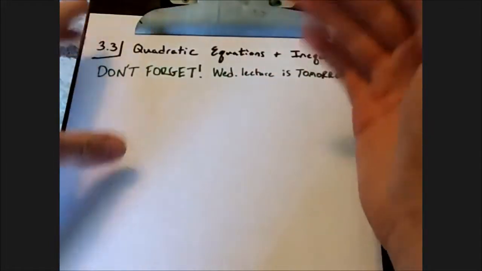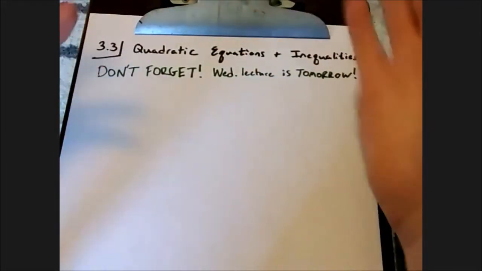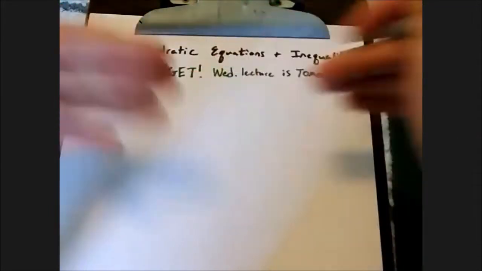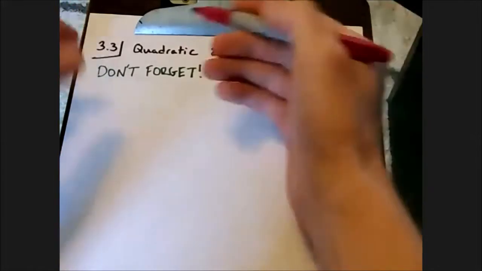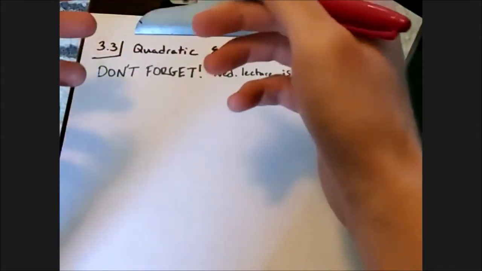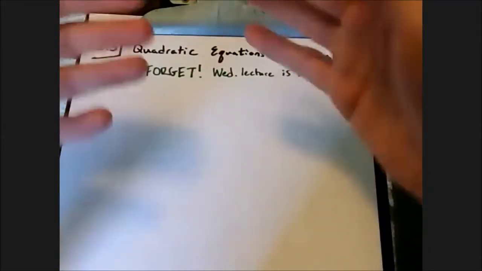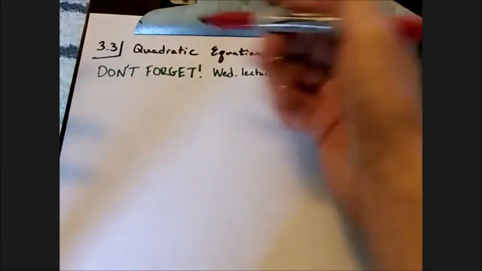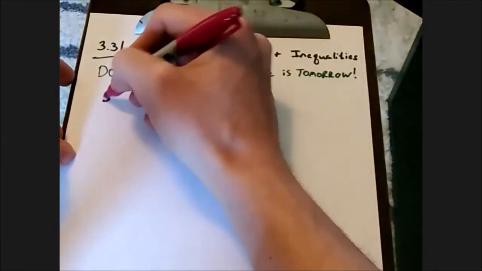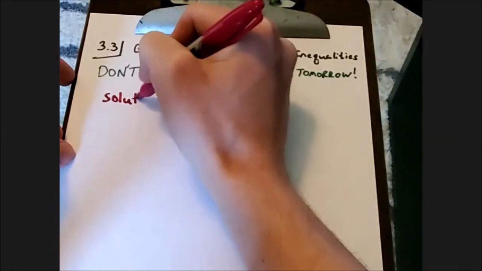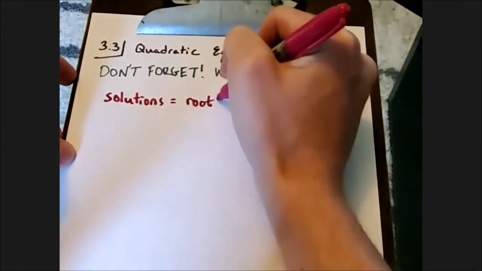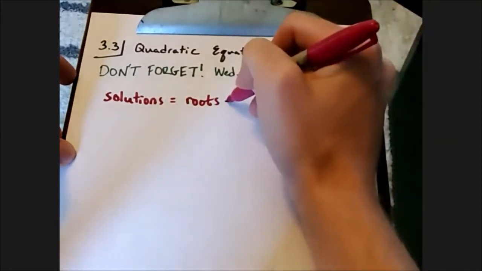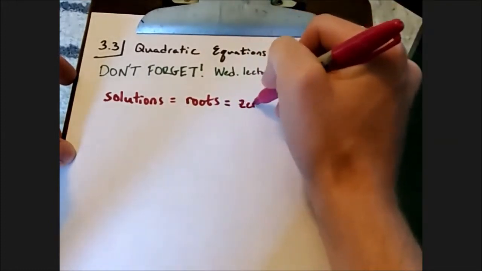First thing, very first thing that we need to be comfortable with is vocab and language. And I've already told you the relationship between these words, but we have to at least mention it today. Otherwise, the questions we're asked are going to seem drastically different, and they're actually all the same. So please be extra aware that solutions are the same thing as roots are the same thing as zeros.